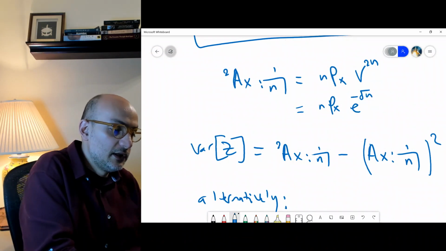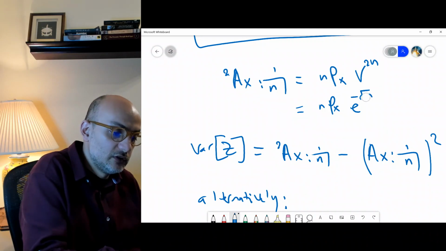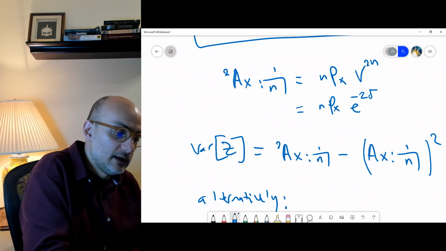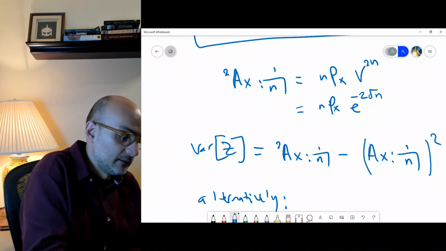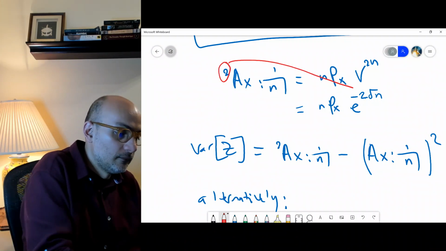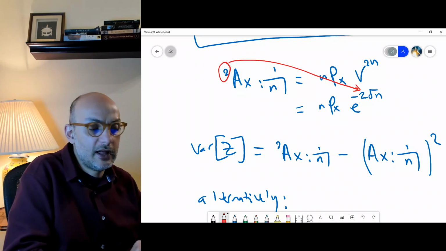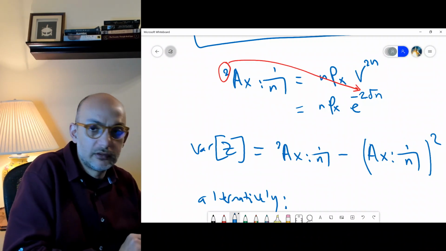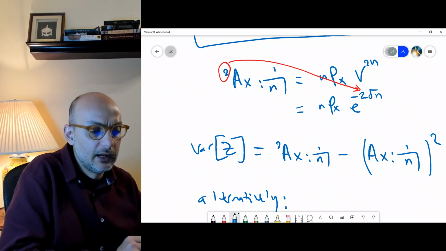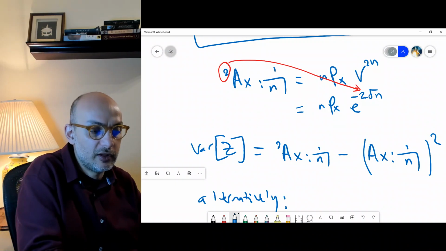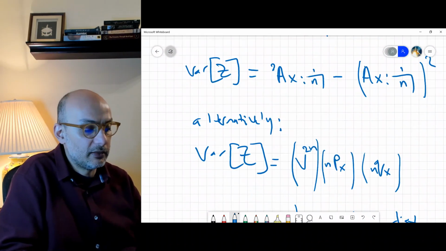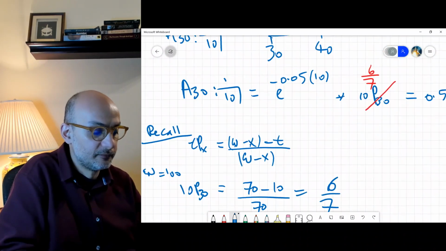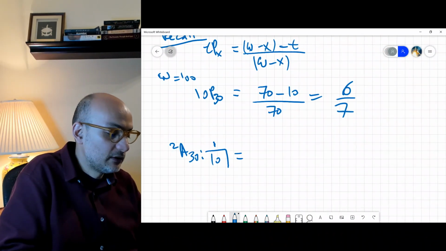This one should be 2 delta n, because this is the second moment. If you go back to the formula for the second moment, it should be 2 delta. But I would imagine you already figured out this typo while writing, because it's the same logic: you double the force.